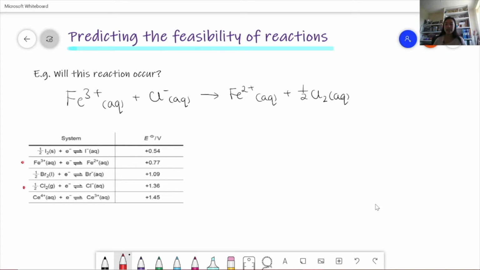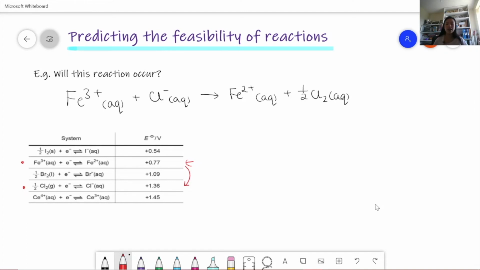And we can see that this is more negative, so it has a more negative standard electrode potential. And that means that this gives off electrons and gives them to the Cl- Cl2 half cell. And so it's acting as a reducing agent.